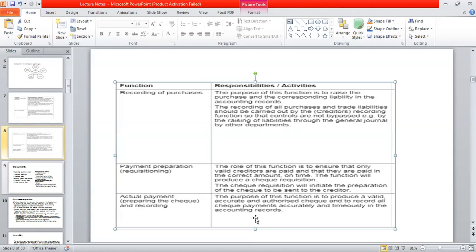So the final function is where the treasury will make the final payment to the creditor after the production of accurate and authorized check or cash requisition form. So this treasury will make sure that they pay the creditor accurately and timeously.